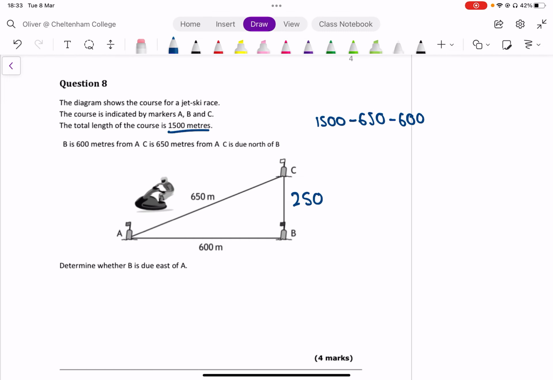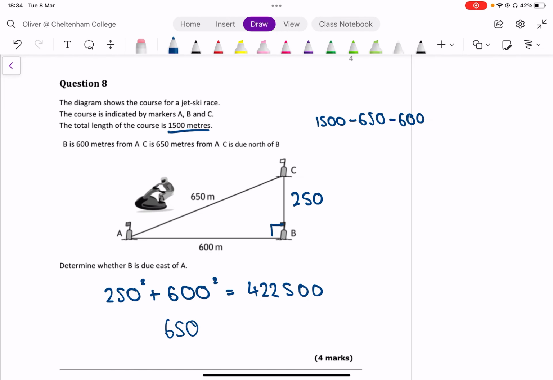The question is, is B due east? I.e., the question is, is this a right angle? This would be a right angle if Pythagoras is true. So 250 squared plus 600 squared gives us 422 500.